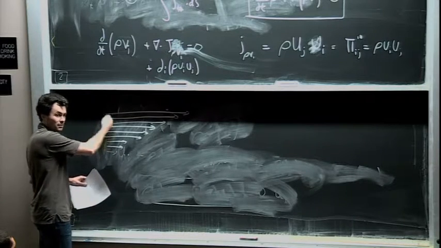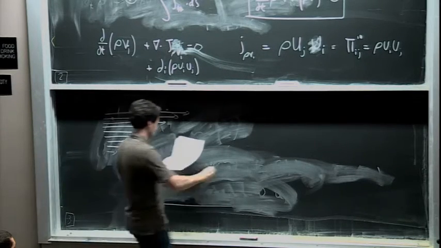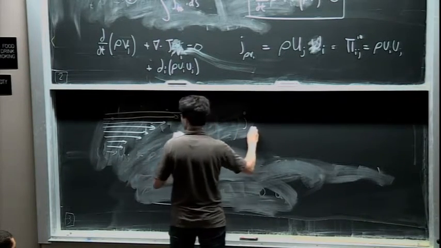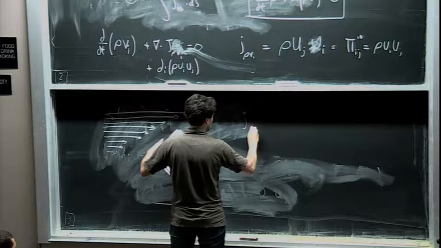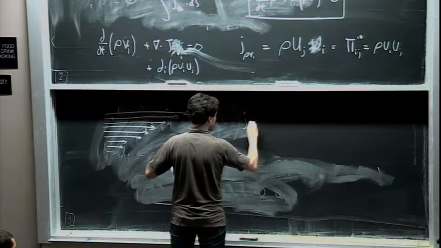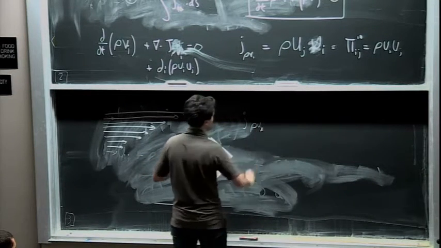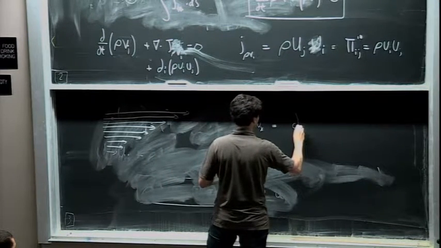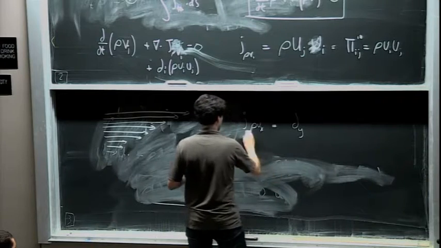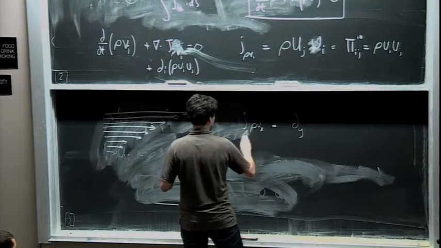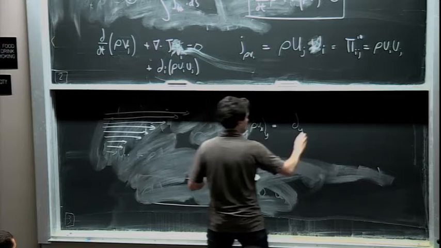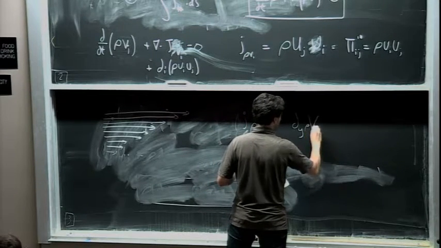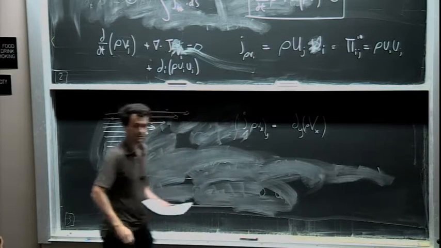And the simplest way of coupling these is a diffusive term, which is to have a current of momentum, the momentum in the x direction, rho u_x, with a y component, which is proportional to the gradient in the y direction of the momentum in the x direction.